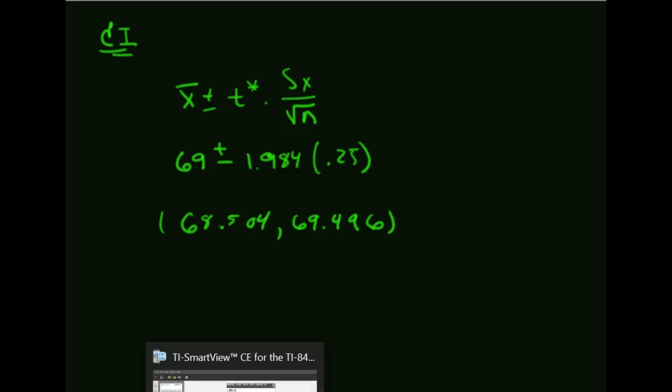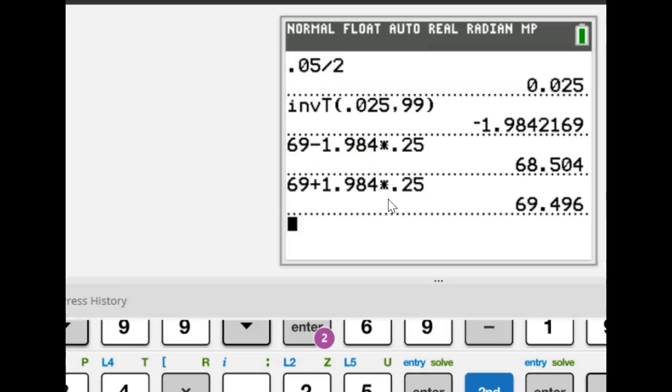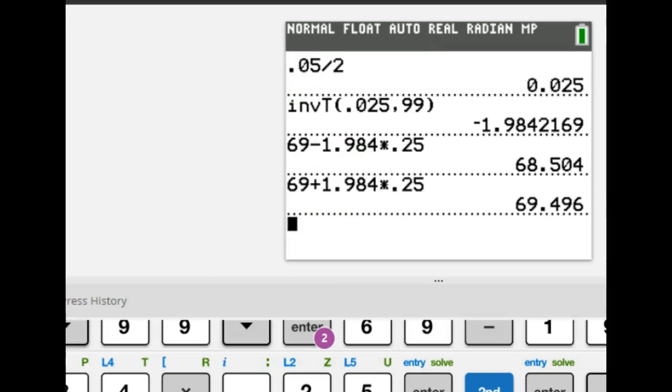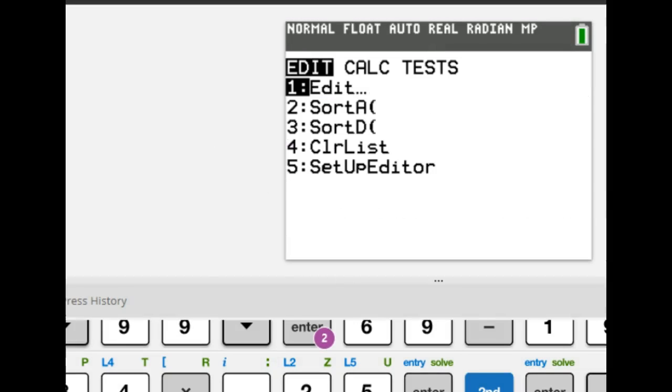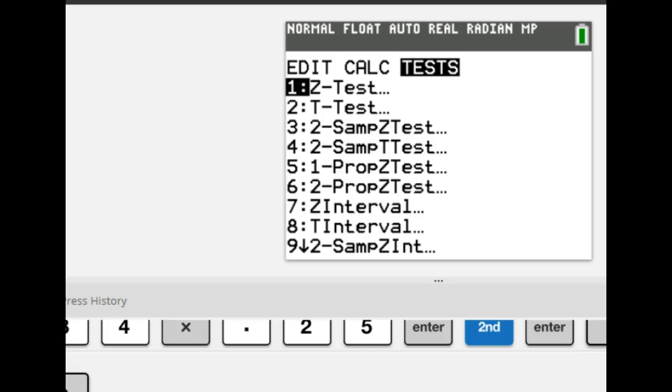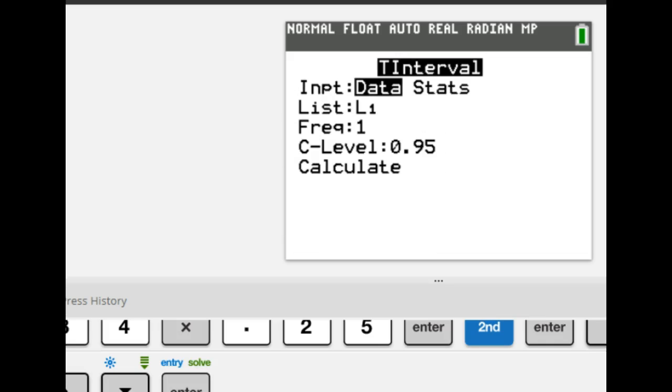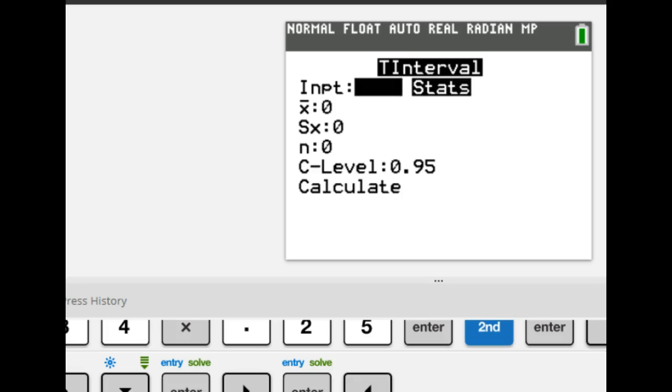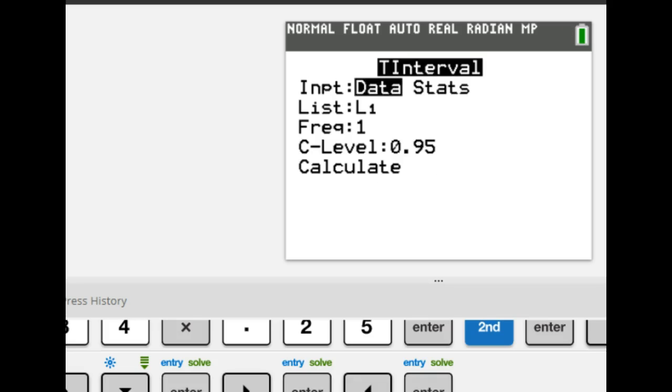Another way to attack this same problem is to let the calculator do the work. If I go to stat tests, I want t interval. I'm going to put in the stats, though you can also just throw in a data list and it will extract the sample standard deviation and sample mean for you.